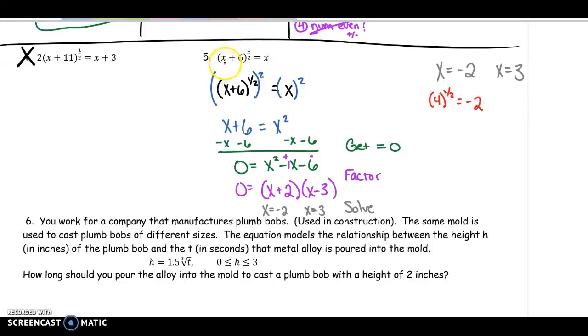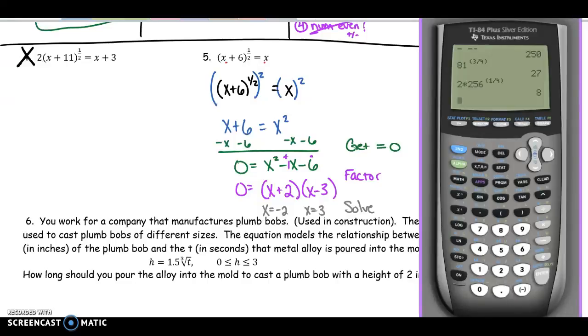So if I plug -2 into both of these x's, I get 4 raised to the 1/2 equals -2. If the exponent of 1/2 is given to you, remember an exponent of 1/2 is like a square root. If the square root is given to you, you have to assume the positive root only.